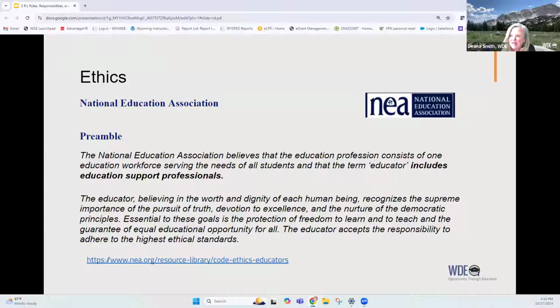I ended up getting this from the National Education Association, and I want you to take a look. There's a bolded part on this slide that talks in their preamble, and it says the National Education Association believes that the education profession consists of one education workforce serving the needs of all students, and that the term educator includes education support professionals.